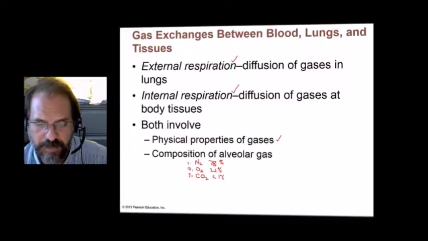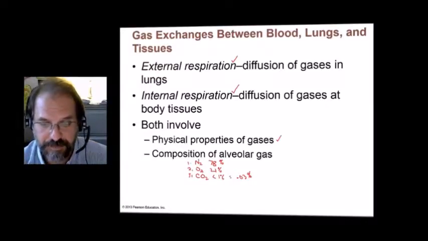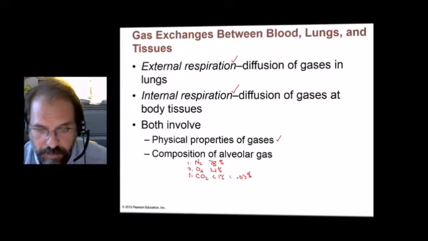Right. And if I remember right, and you can check me on this a little bit later, I believe it is actually 0.03%. Okay. So it's actually quite a bit less than 1%. Right.